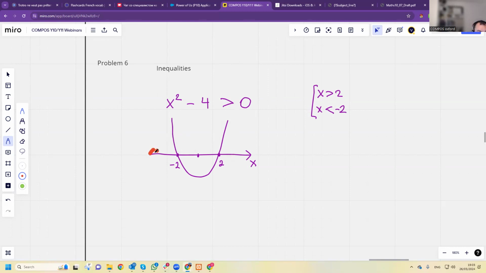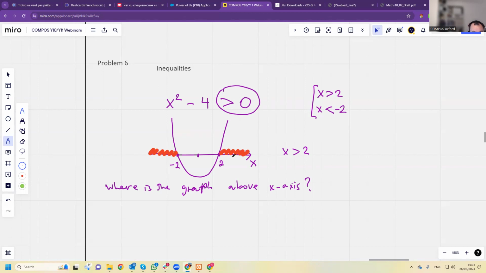So it is positive here. It is positive when x is greater than 2. The question is, where is the graph above the x-axis?